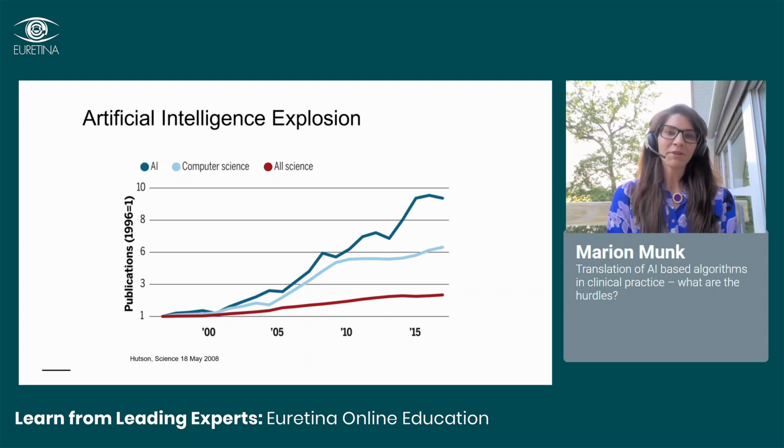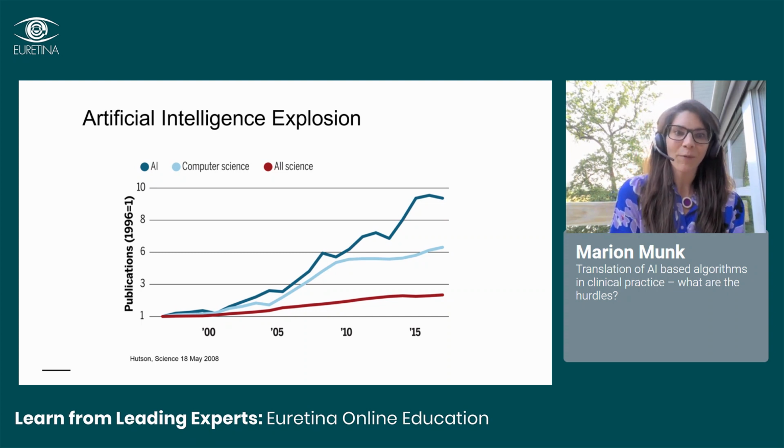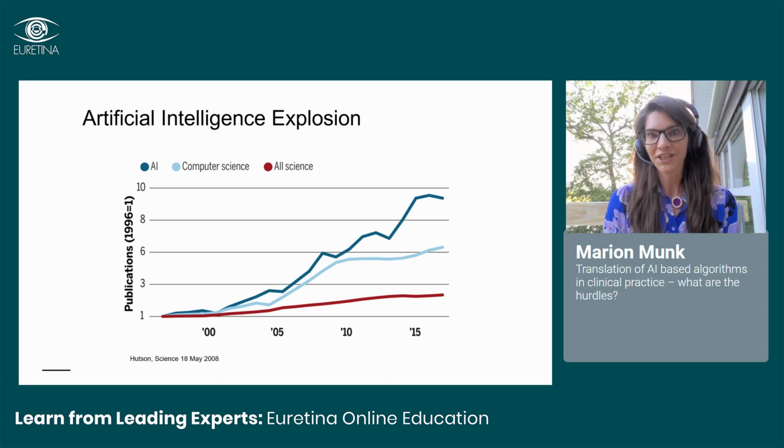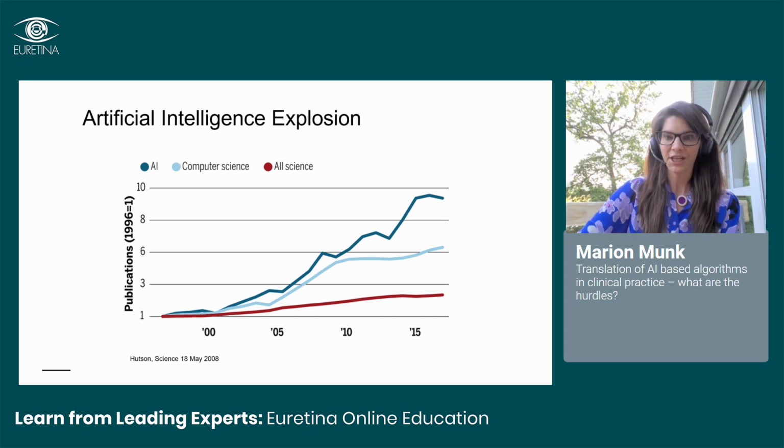As you can see from this graph, there has actually been an artificial intelligence explosion. When you look back to 1996, for example, we had one publication where artificial intelligence was used in the title, whereas nowadays there are tremendous numbers of scientific articles on artificial intelligence.